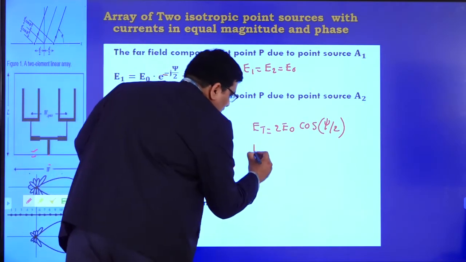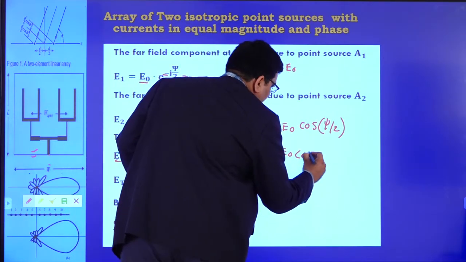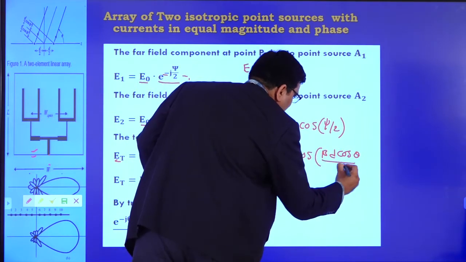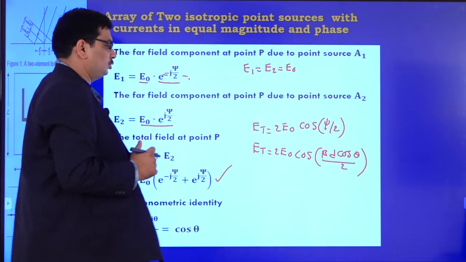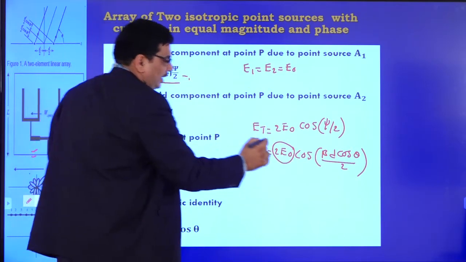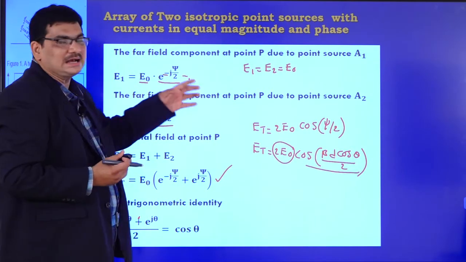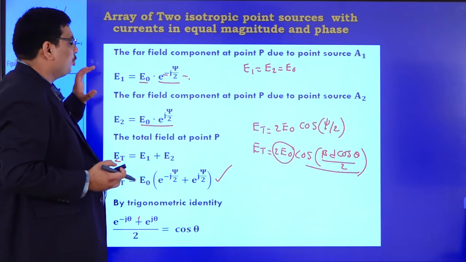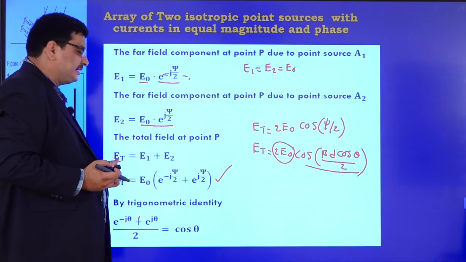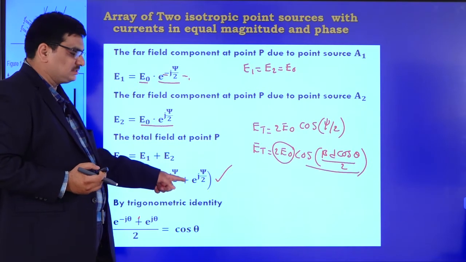So, 2 E naught into cos psi by 2, and we know the psi value, that is beta d cos theta, so psi by 2 is beta d cos theta by 2. This is the total magnitude at point P, and this is the phase term. What we are doing is just adding the two far field components at point P, that is Et equal to E1 plus E2, E naught into e power minus j psi by 2 plus e power j psi by 2.